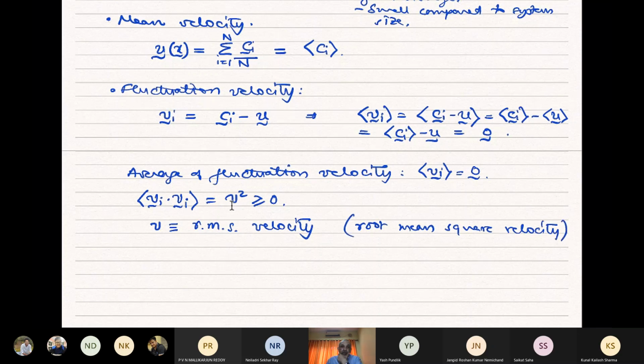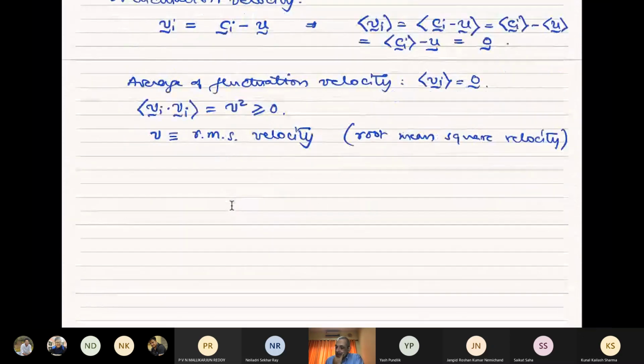And just like we do in kinetic theory, using this fluctuation velocity, we can define a temperature, and here we'll call this the granular temperature.